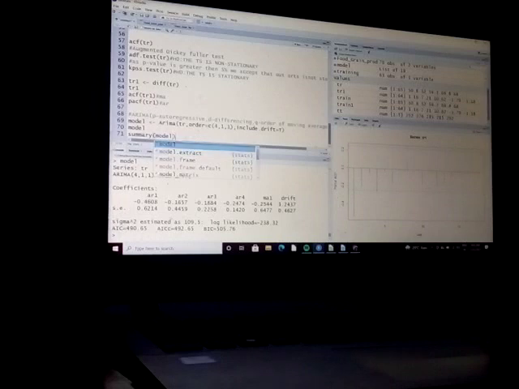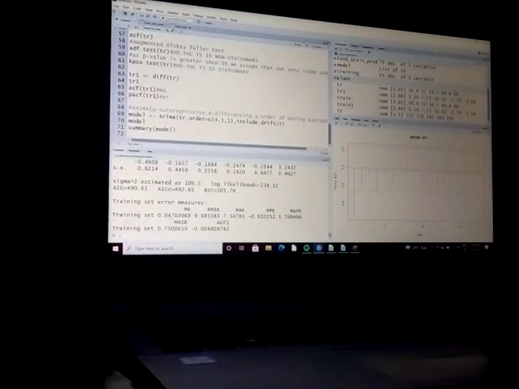You can get the root mean square error, mean absolute error, mean absolute percentage error, and mean percentage error. All of these are there, and you can check the AIC values.